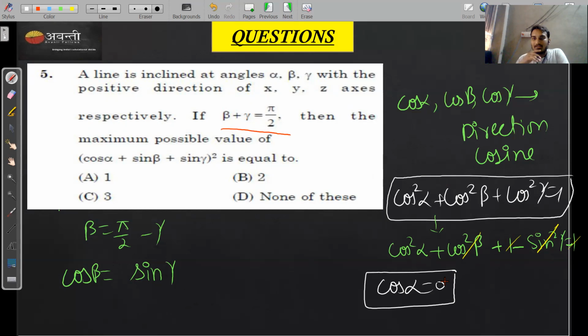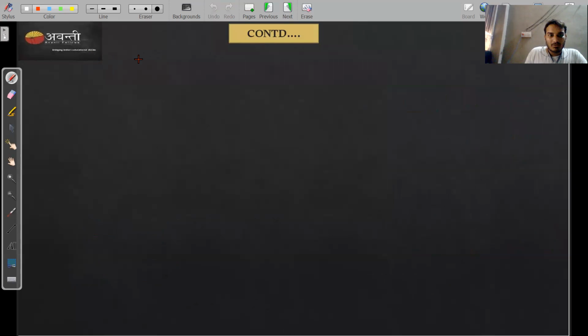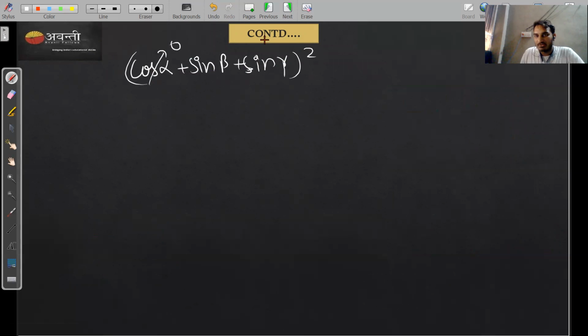So now let's start finding the maximum possible value of the required expression. The expression is given as cos alpha plus sin beta plus sin gamma, okay, whole square, right? But cos alpha is already 0, yes or no?